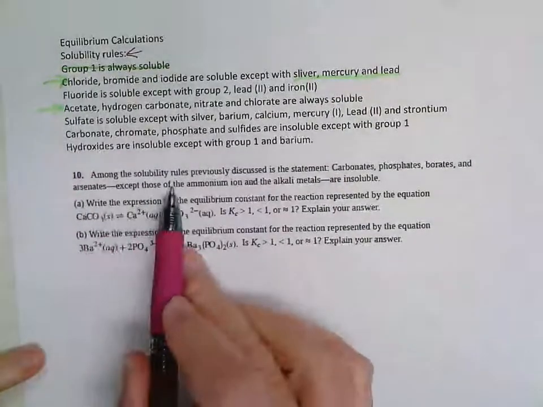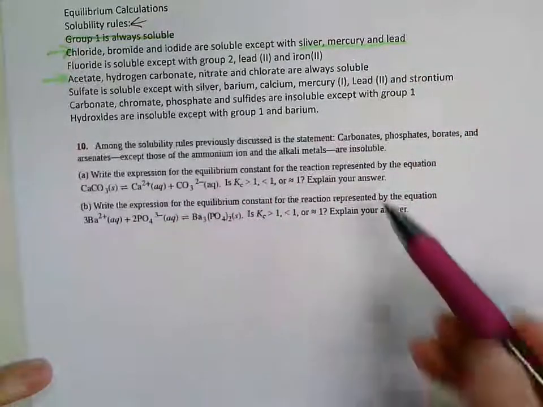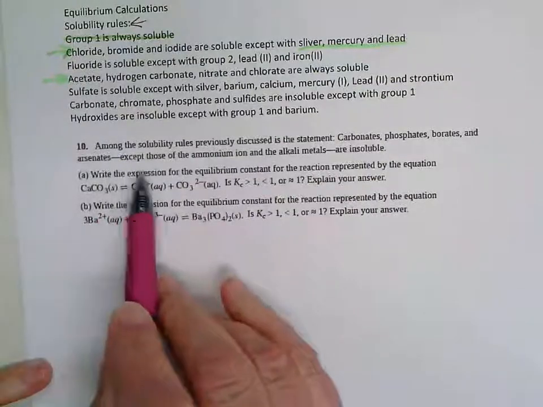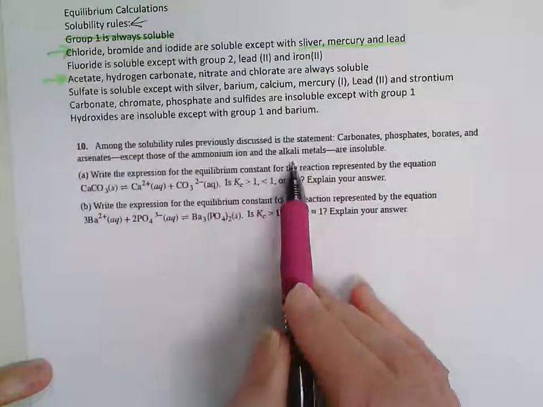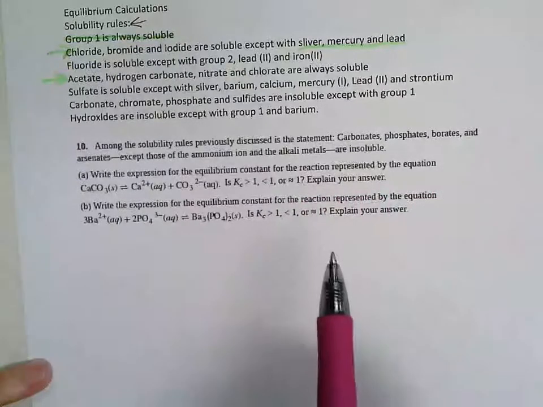So among the solubility rules previously discussed, which is what I summarized up here, carbonates, phosphates, borates, and arsenates, except for those of ammonium ions and alkali metals, which is group 1, are insoluble.